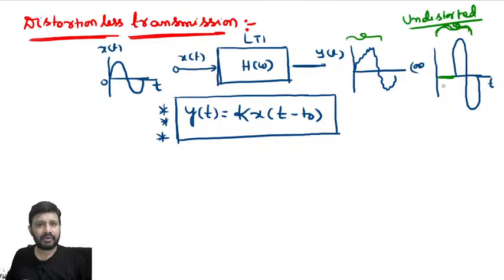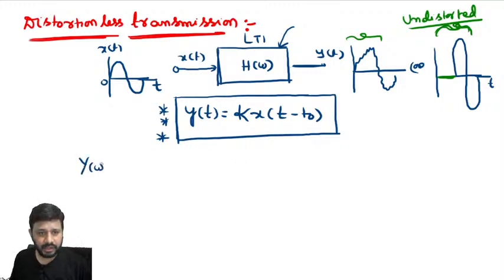Now we have to determine under what conditions our LTI system will produce this kind of undistorted output, or what are the conditions on the frequency response so that we are going to get this kind of undistorted output. For that, simply calculate the Fourier transform on both sides.